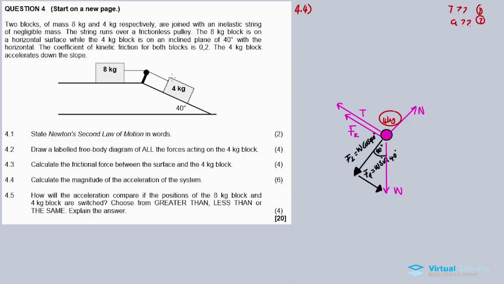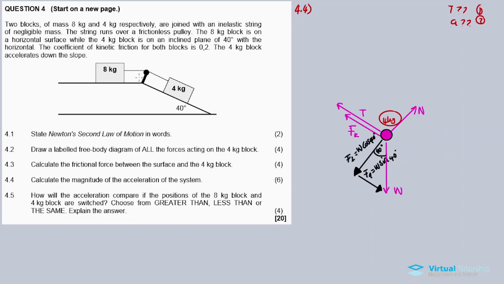Now the first equation, so we're talking about the 4 kg block. The first equation for Newton's second law is set by looking at the direction of motion. The 4 kg block is moving down the slope. Therefore, you will use all the forces parallel to the inclined surface.